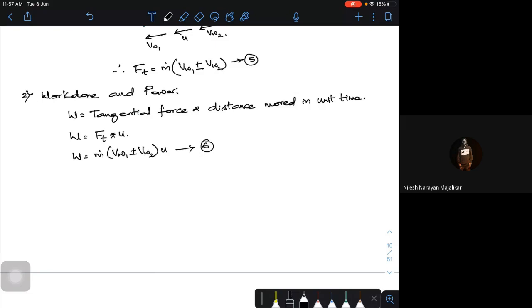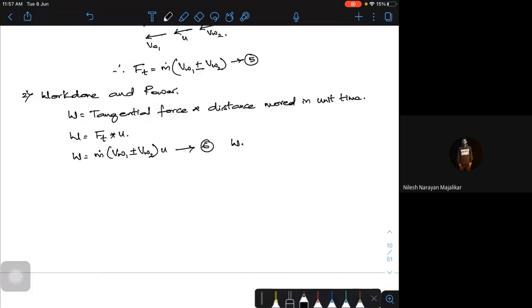Now what is power? This work done is also a power because I'm using m dot. If I divide it by 1000, it becomes kilowatts. What is the unit for the work done? This will be simply watts.